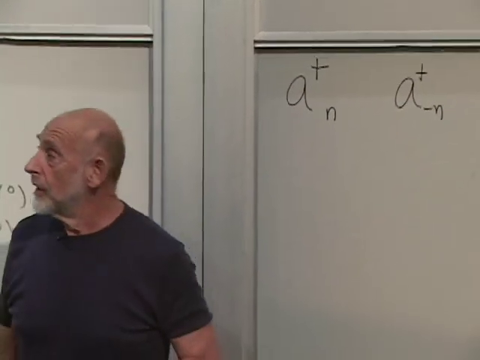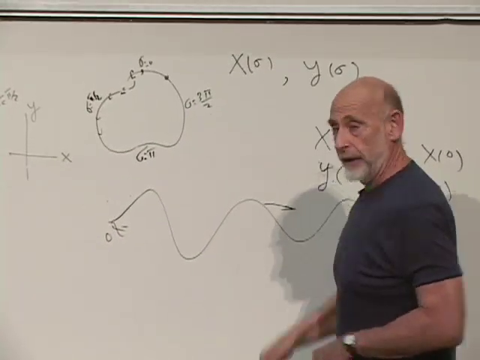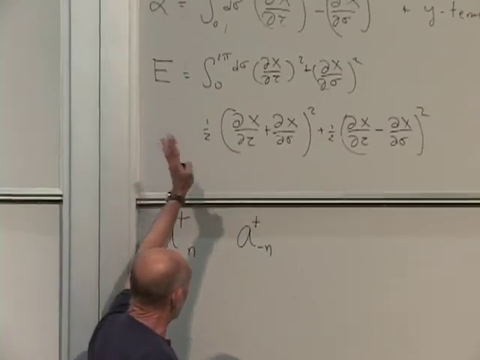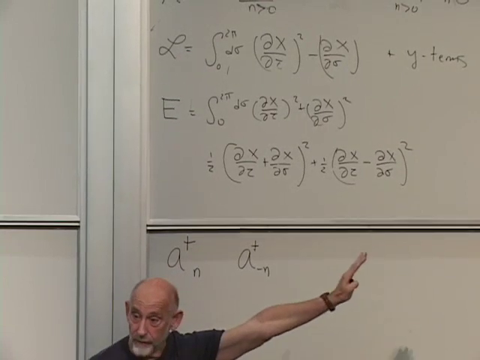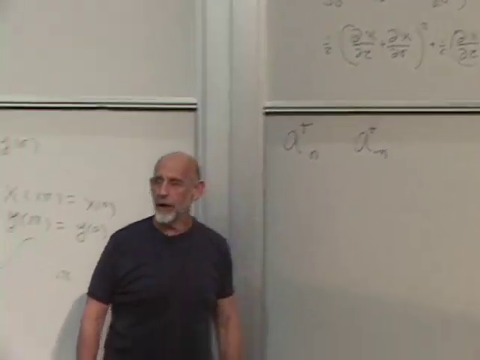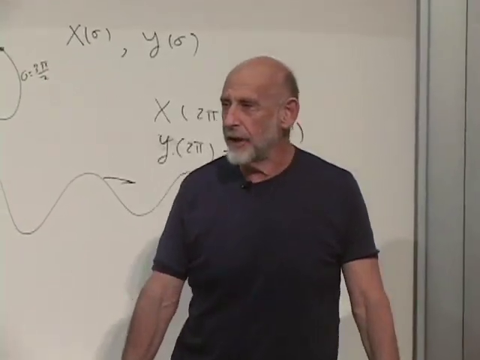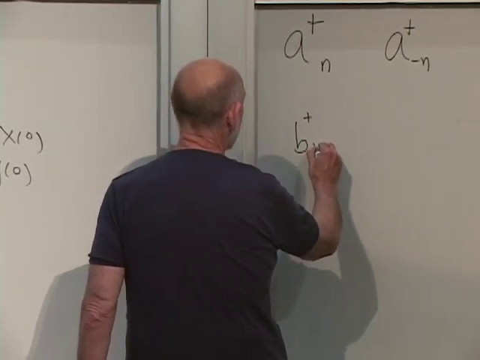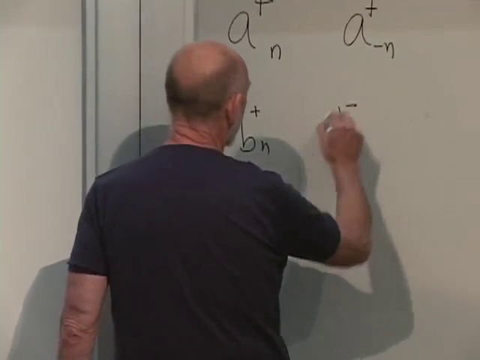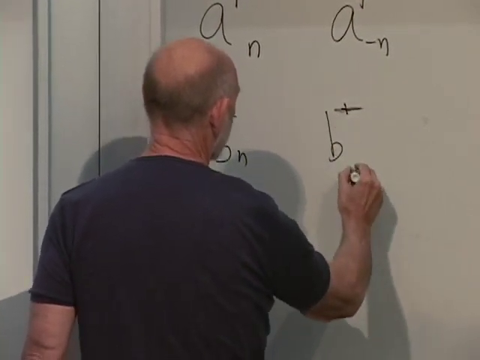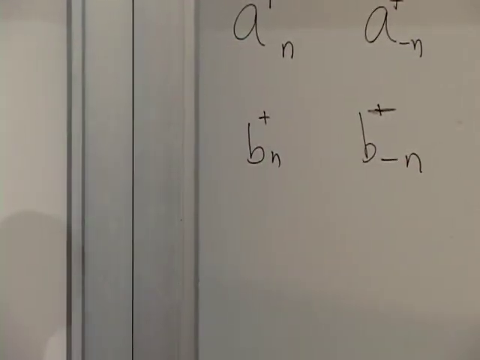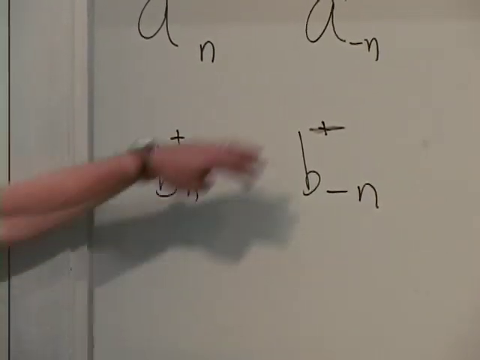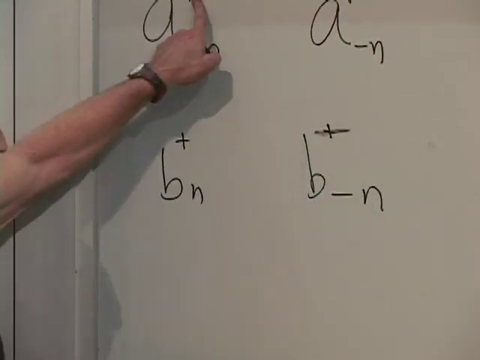What else? Well, we have x and y. I didn't write everything involving y, but writing y just replicates the same thing for x. What did I call the creation and annihilation operators for the y oscillators last time? I think I called them b. Right, so now we have more. We have b plus n and b plus of minus n. Now, I could add to this, if I wanted to write the annihilation operators, 4 more with minus signs up here.